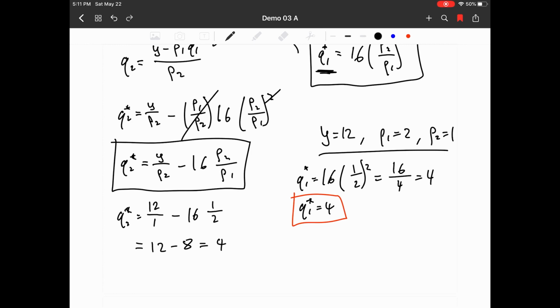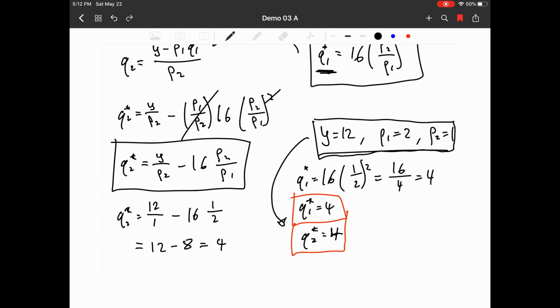So we also have Q2 star equals 4. Okay, and that's the solution. We have input values for our parameters, which then give us the solution to the optimization problem of the consumer.